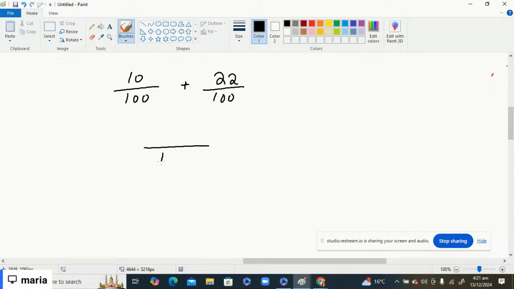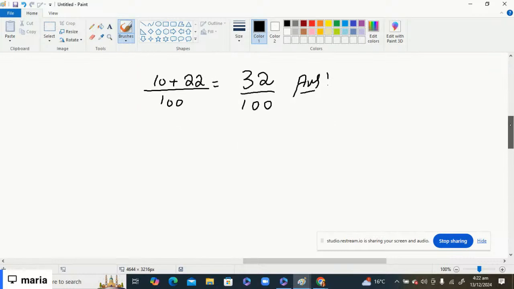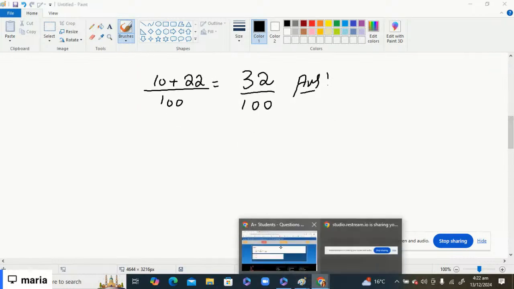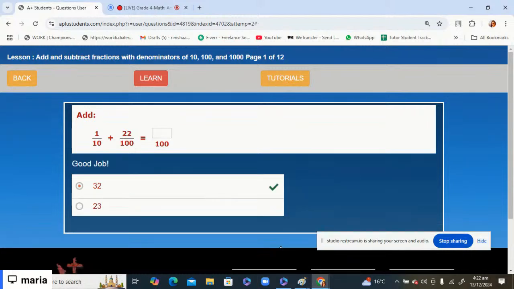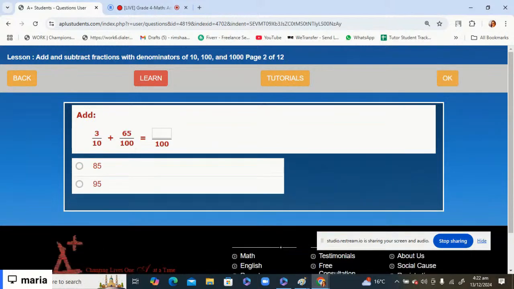So here you put 100, adding their top numbers only. 22 plus 10, that is 32 over 100, and this is your answer. So it's 32 over 100, the 100 is the same. This is the right answer.